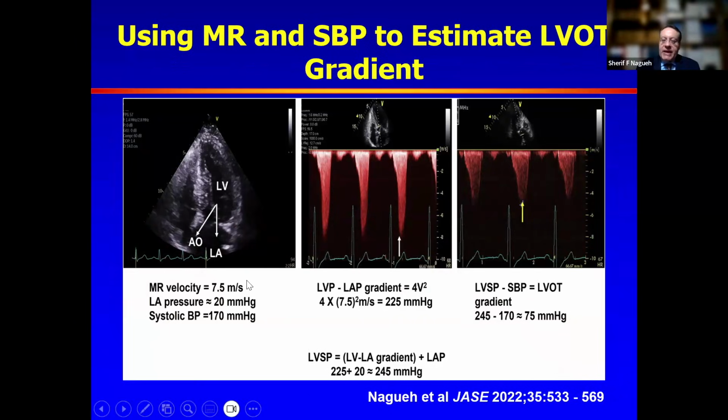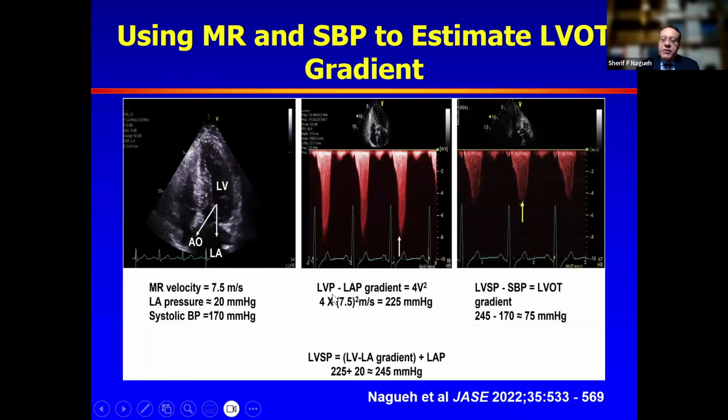And if we look at it and we say the peak MR velocity is 7.5, we make an assumption that the left atrial pressure is around 20. As you will see, that has a little impact on the final peak gradient. And then we measure the systolic blood pressure by the cuff. We make the assumption that the pressure in the aortic root is the same as the pressure we get by the cuff, which I know is not the case, but to do something practical, that's what we're going to work with.